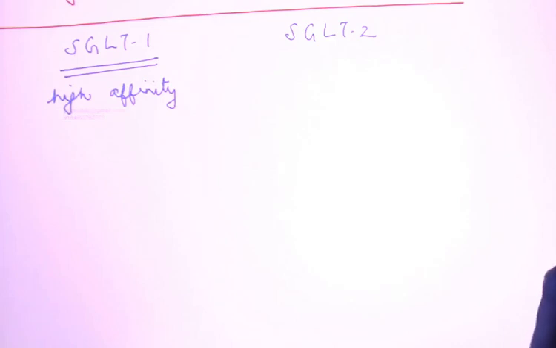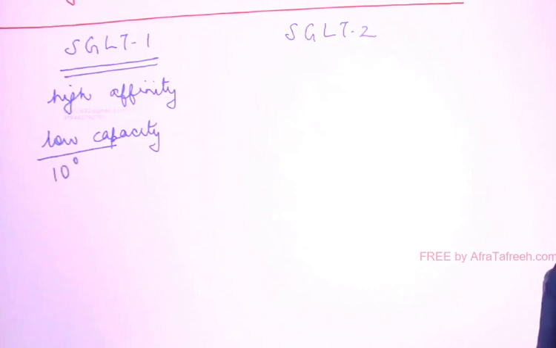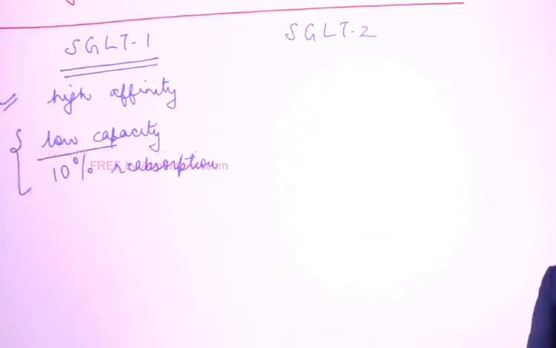SGLT1 is a high affinity transporter, and it has low capacity. Low capacity means it is responsible for the reabsorption of only 10% of the glucose. SGLT1 has high affinity but low capacity, that it is only responsible for the reabsorption of just 10% of the glucose.